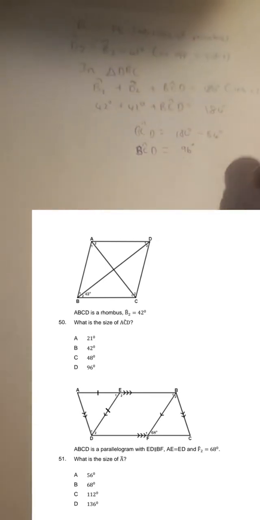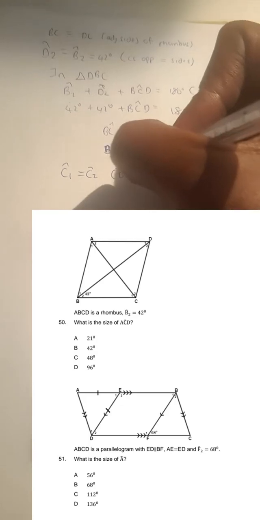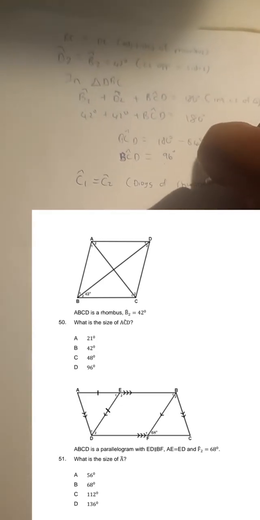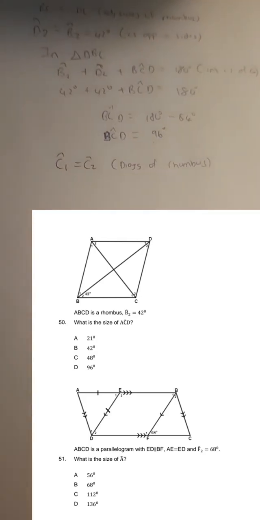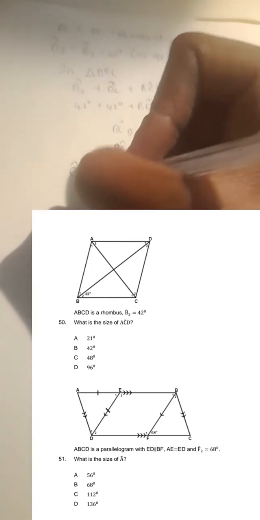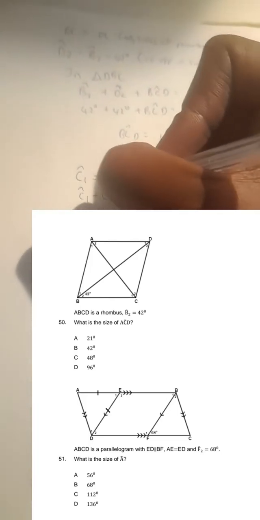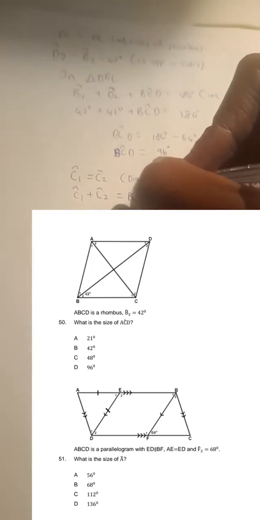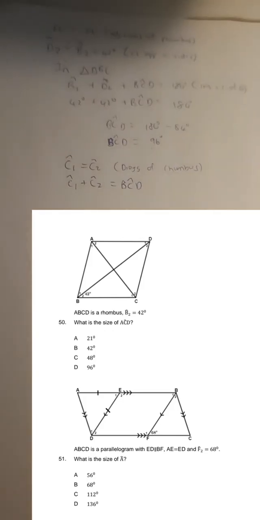96. So the truth then is C1 is equal to C2. Why? Diagonals of a rhombus. We know the diagonals of a rhombus bisect each other at 90. But interestingly, angle C1 plus angle C2 is equal to angle BCD.